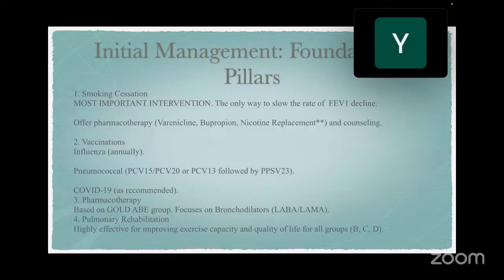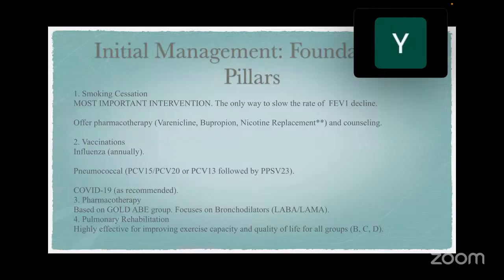Vaccinations are also really important because seniors with COPD are at high risk for severe illness from respiratory infections. That's why they should be up to date on all vaccinations. The most important are the influenza vaccine, the pneumococcal vaccine, and the COVID-19 vaccine.